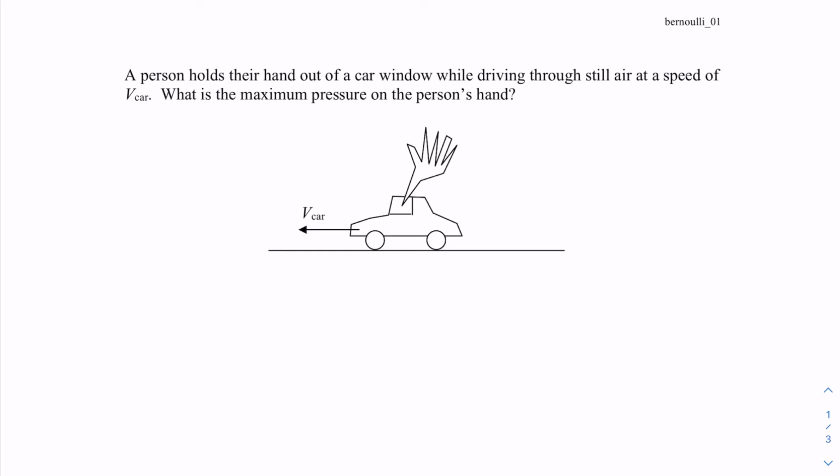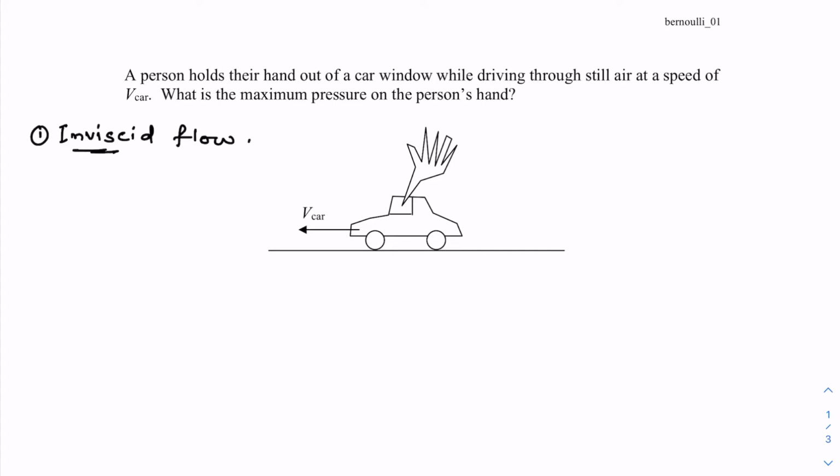So from your lecture, you might know that to apply Bernoulli equation, we first need to make sure that all the assumptions that go into deriving Bernoulli equation are applicable. I'll write them quickly here. So first one is we have inviscid flow.